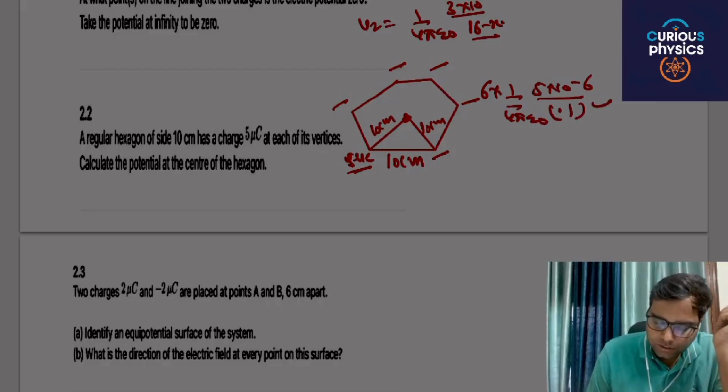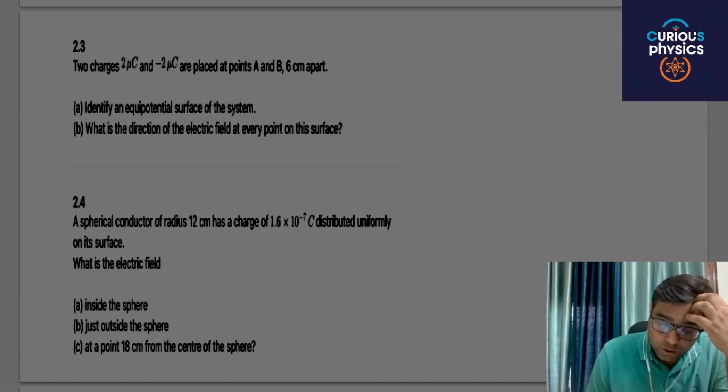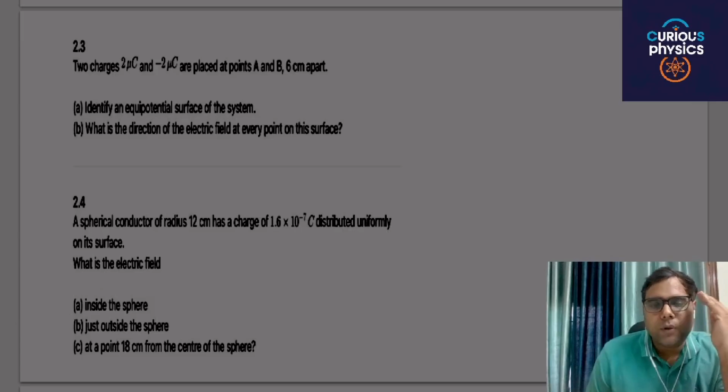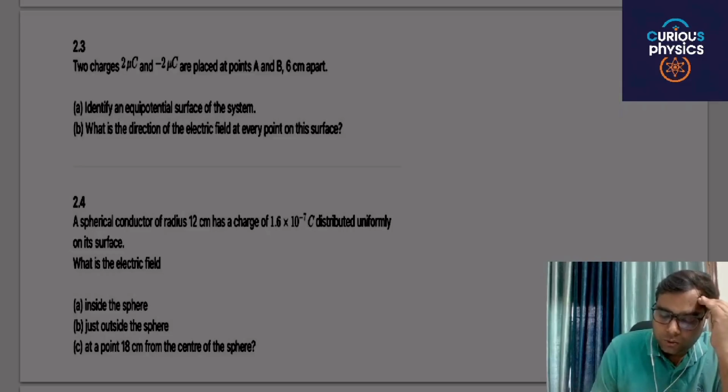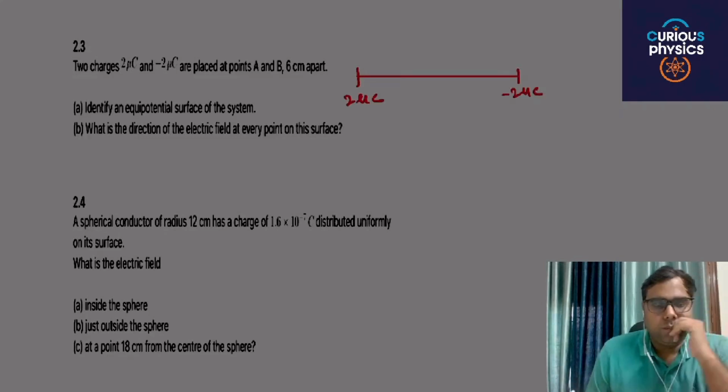Next: two charges 2 microcoulomb and minus 2 microcoulomb are placed at points A and B, 6 centimeter apart. Identify the equipotential surface. An equipotential surface is always perpendicular to the line. This is 2 microcoulomb and this is minus 2 microcoulomb.